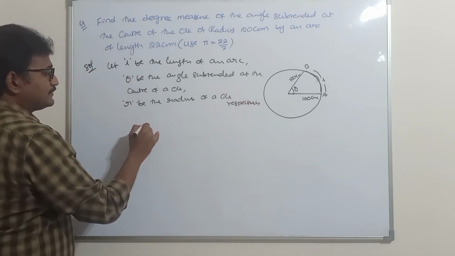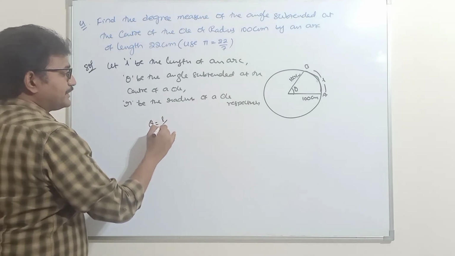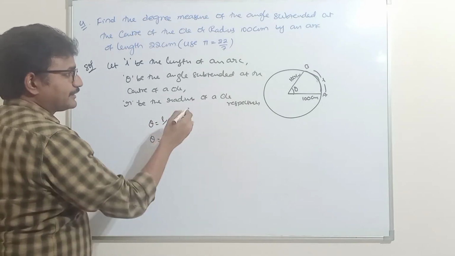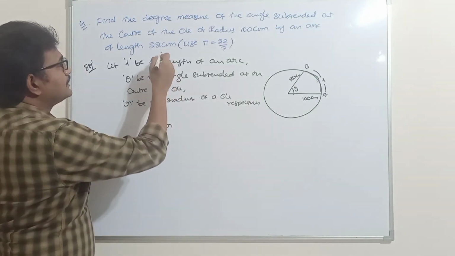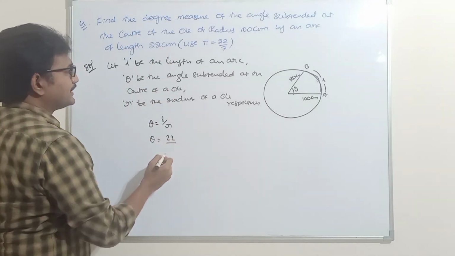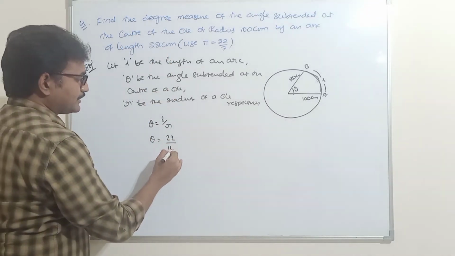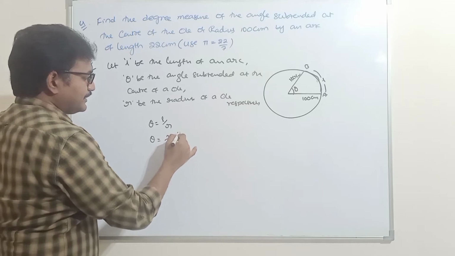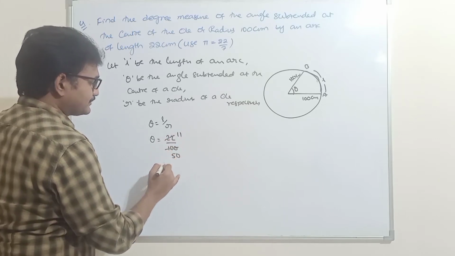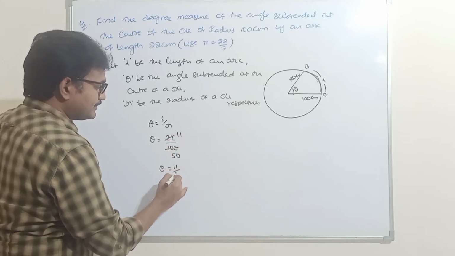Then we know that theta is equal to the formula L by R. Theta is equal to L, the length of the arc, which is 22, by the radius, which is 100. So 11 by 50. So theta is equal to 11 by 50.